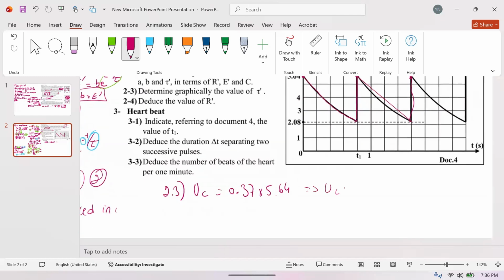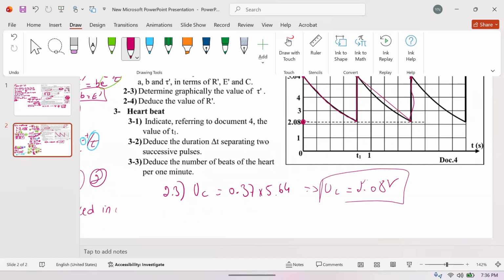So what is UC supposed to be? I suppose it should be 2.08 as they mentioned in the graph. 0.37 times 5.64 is 2.0868, but let me just get over with it. So 2.08, it's here.